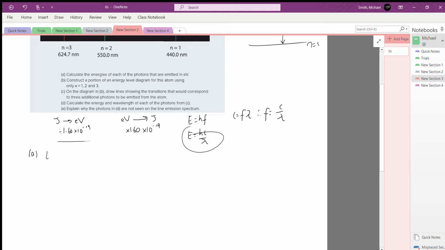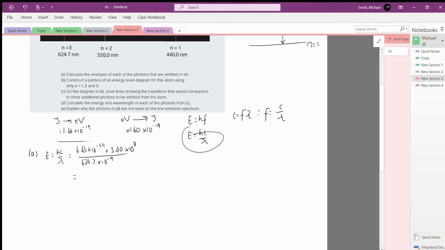So E equals hc on lambda. h is Planck's constant, so 6.63 times 10 to the power of minus 34 multiplied by the speed of light all over the wavelength, 624.7 times 10 to the power of minus 9.